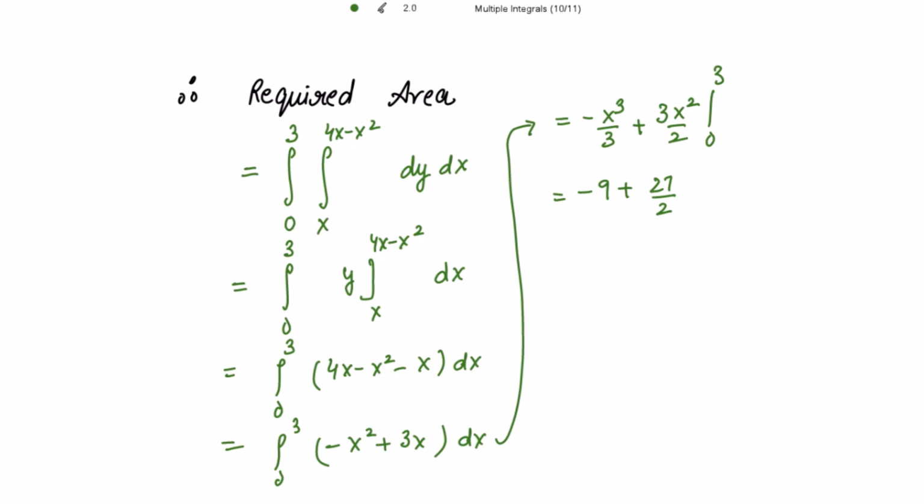When you put 0, you get 0. So this is negative 9 plus 27 over 2, which will give you the answer 4.5. This is your answer. Thank you.